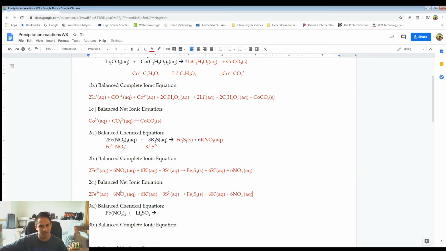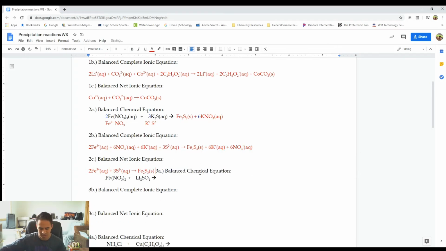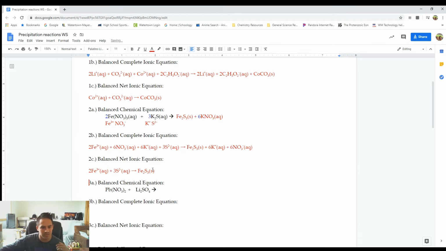Let's paste it. Let's figure out our spectator ions, delete them, and then we'll have our net ionic equation. So it looks like on both the reactant side and the product side, we have these 6 NO3- and 6 K+. We have them in both places, so we're going to delete those. So let's get rid of them, and let's get rid of those there. And there we go. This is our balanced net ionic equation.